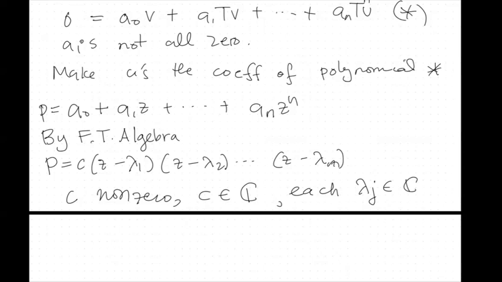Because the fundamental theorem of algebra states that every polynomial with coefficients in C can be factored. Note that m is not necessarily equal to n, because some of the higher coefficients may be equal to 0.